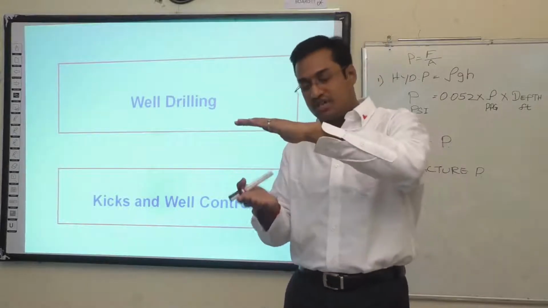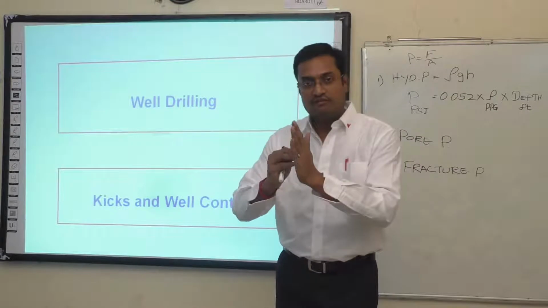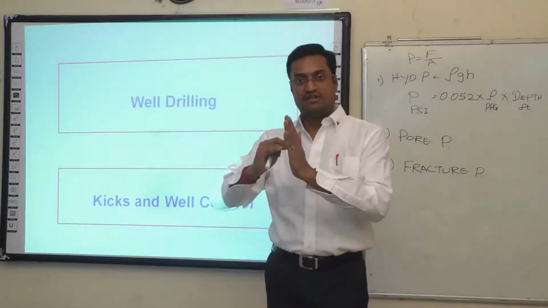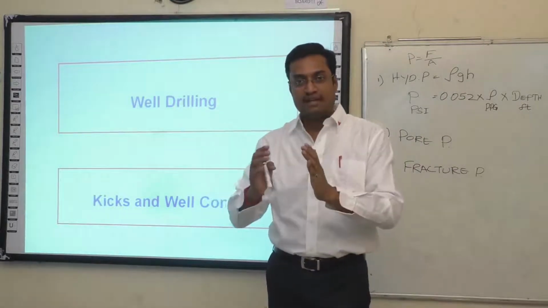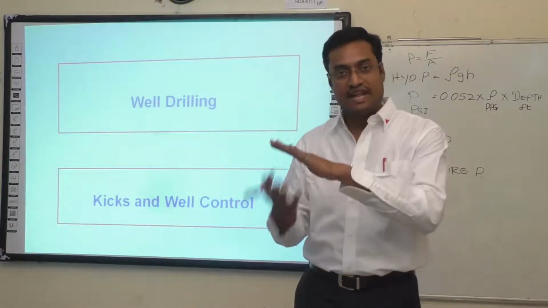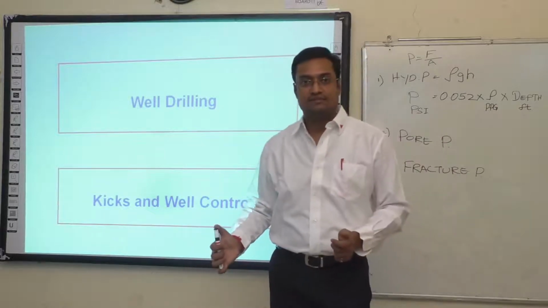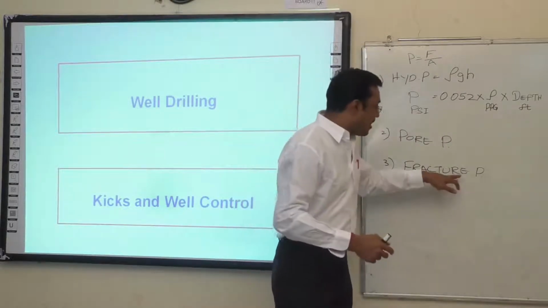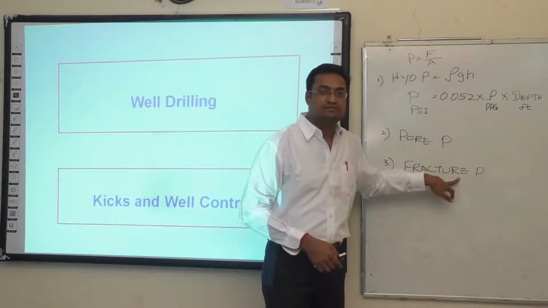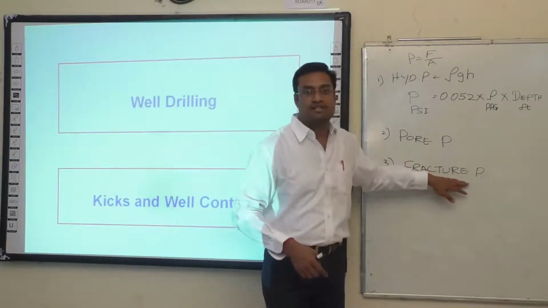And as it goes deeper and deeper, the compaction is more because of the weight of the overlying formation, and it becomes stronger and stronger, depending on the depth and depending on the environment where it is buried. So the strength of that particular formation at a particular depth, we term it as the fracture pressure.